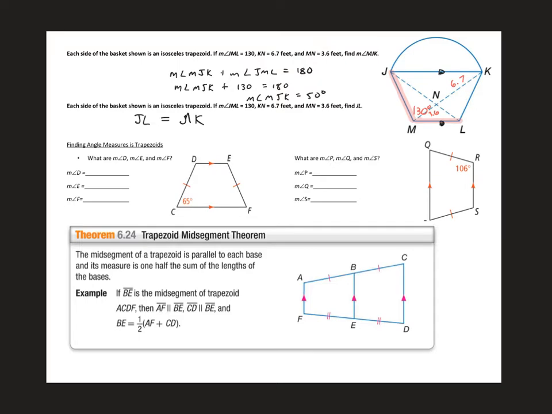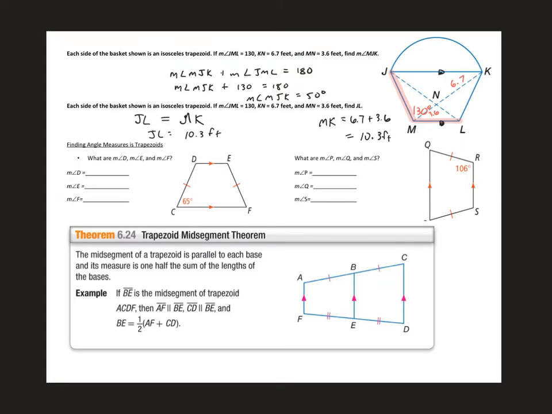So JL equals MK. MK is equal to 6.7 plus 3.6. If I do that, that should be 10.3 feet. So JL equals 10.3 feet.